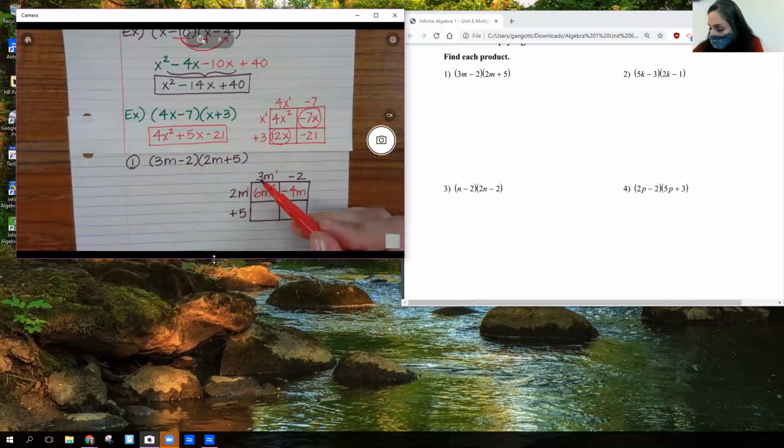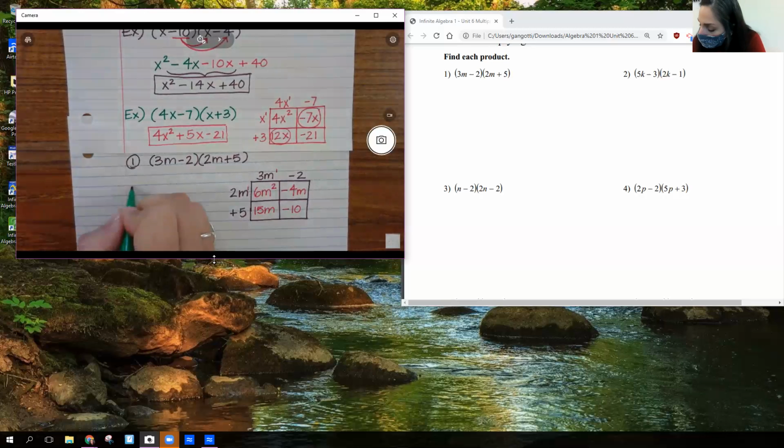Positive 5 times 3m is 15m. And positive 5 times negative 2 is negative 10, like that. Now combine like terms as much as possible. You're going to have 6m squared.